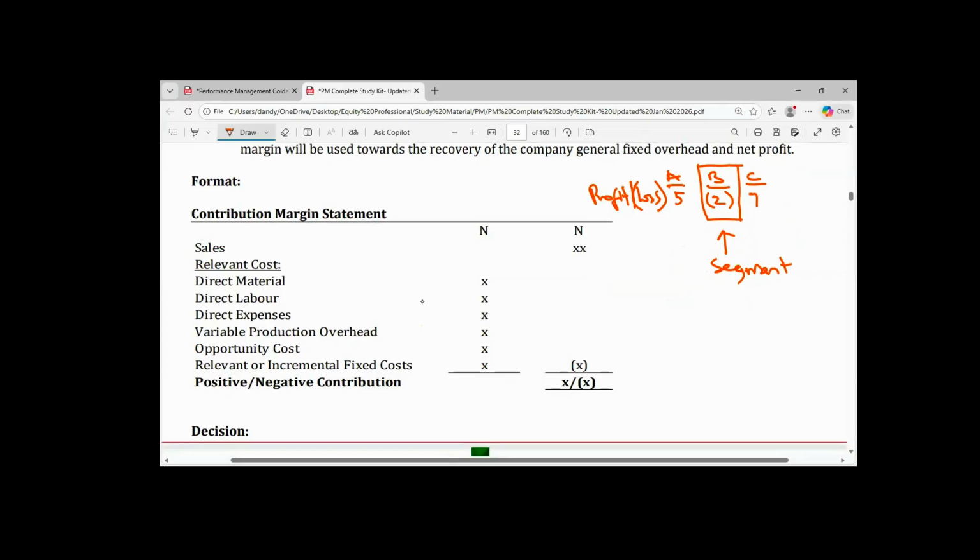Now, because this product B is operating at a loss, management is now thinking whether they should discontinue producing product B or not. And this is where you have responsibility as a management accountant to provide expertise to the management. You need to advise or recommend to the management on what needs to be done.